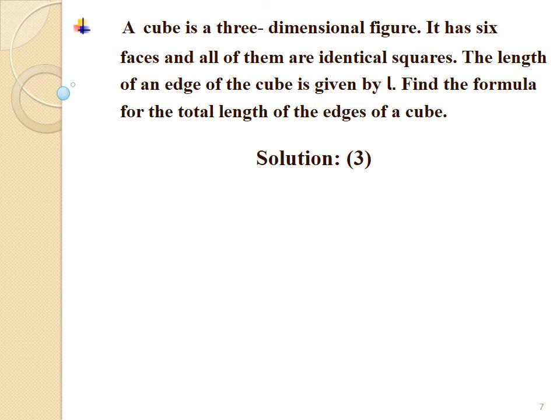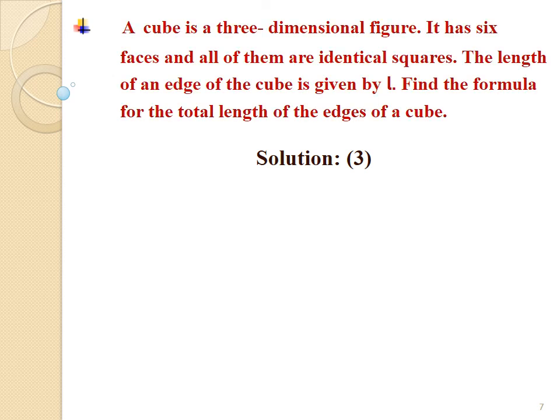Now, sum number 3. A cube is a three-dimensional figure. It has 6 faces and all of them are identical squares. The length of an edge of a cube is given by L. Find the formula for the total length of the edges of a cube.